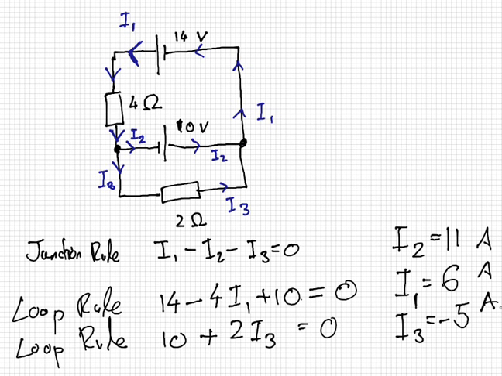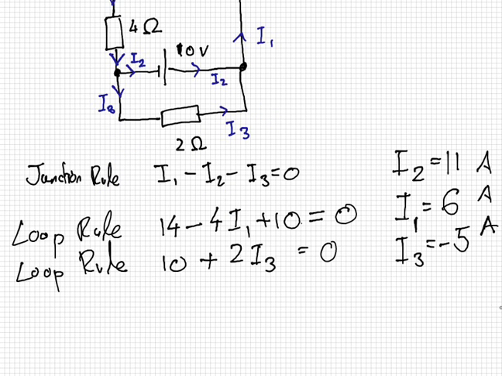Now, as you were saying, I is negative. Well, that just means, if you look at I3, is I3 going clockwise or anti-clockwise in my picture? It's going anti-clockwise, isn't it? But because my answer is negative, it means I drew it the wrong way. It's actually going the other direction, clockwise. So the question might be, which way is the current moving through the 2 ohm resistor?